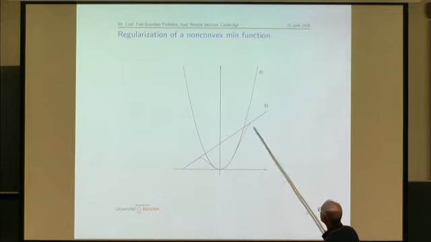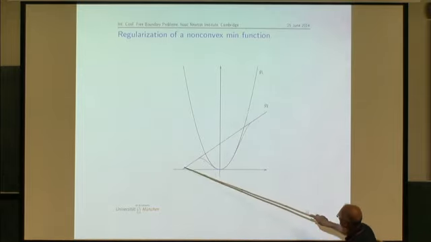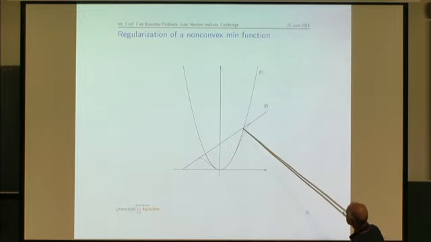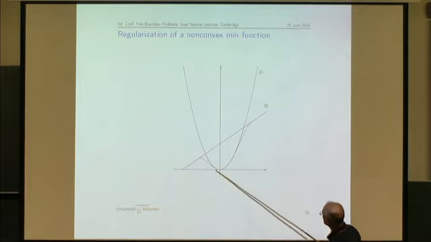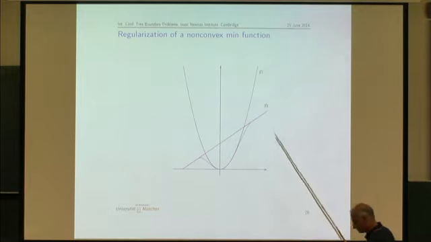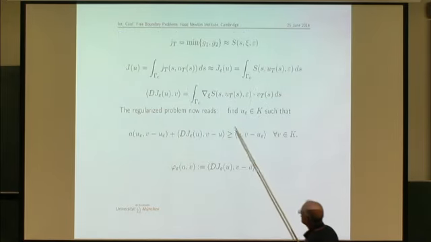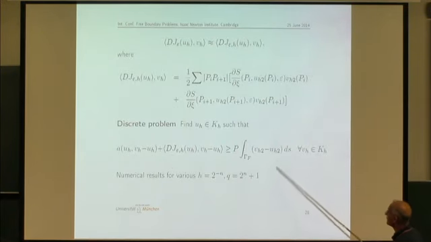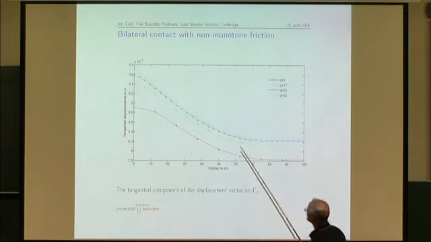It is the minimum of two smooth functions, the minimum of this quadratic and this linear function, and this gives you this non-smooth, non-convex function, and by regularization you get this approximation. This is now the regularized problem, and again you end up with discrete problems, and now I show you some numerical results with non-monotone friction.